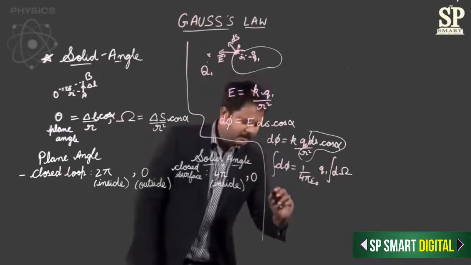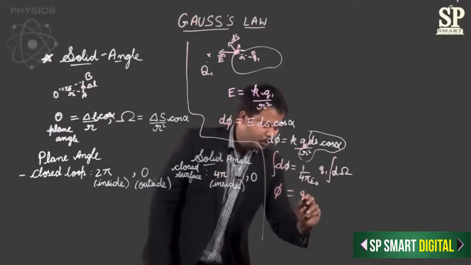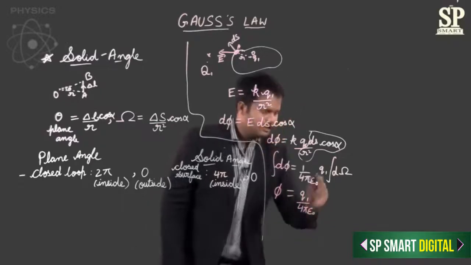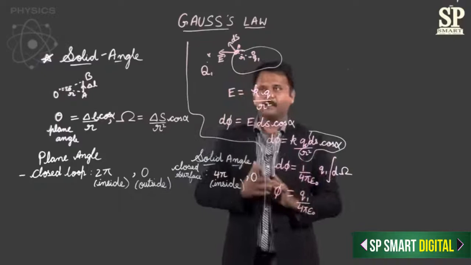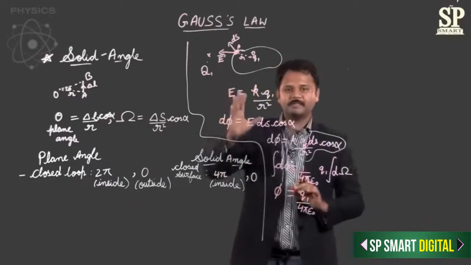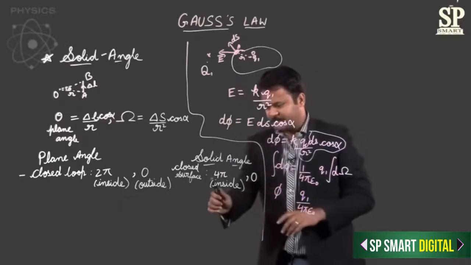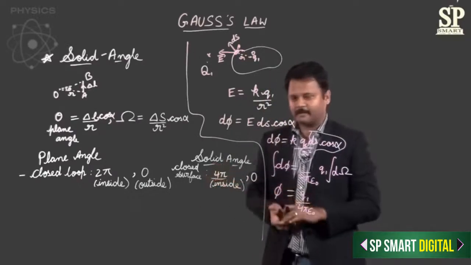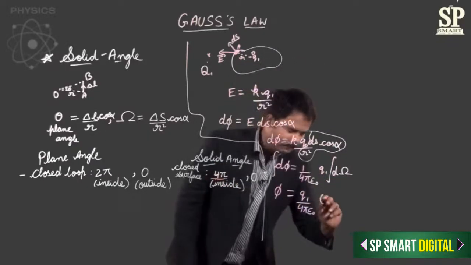So here the flux is Q1 upon 4 pi epsilon naught times omega, and this is the total omega due to this enclosed surface at a point inside the surface. I think I should use this particular expression. I've already seen it, right? We've looked at it together. So this integration becomes equal to 4 pi.